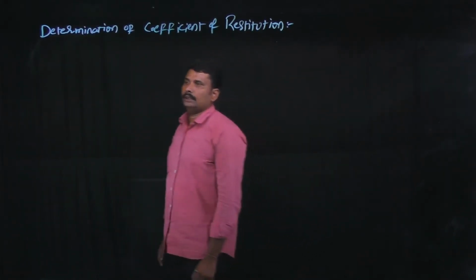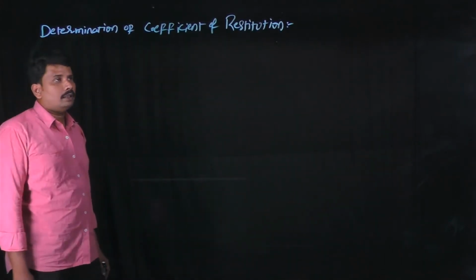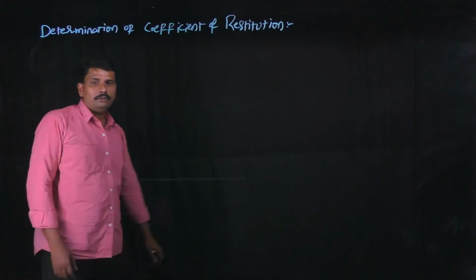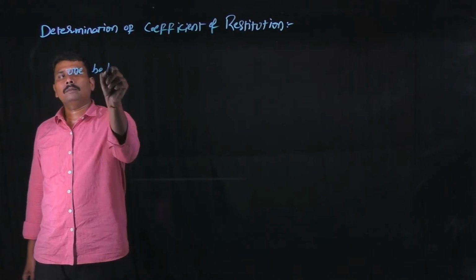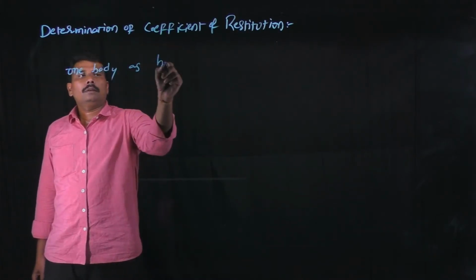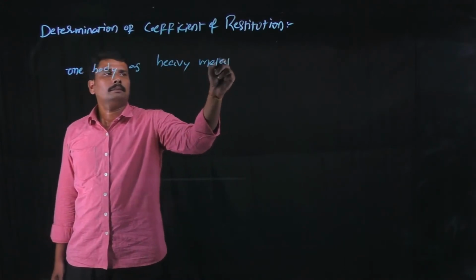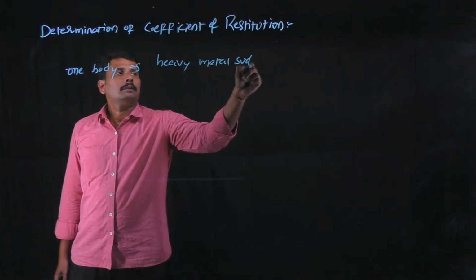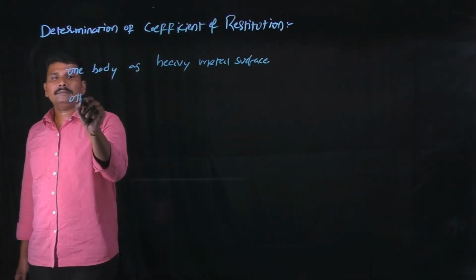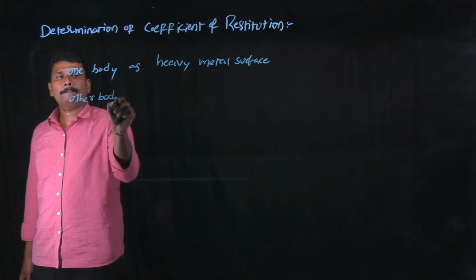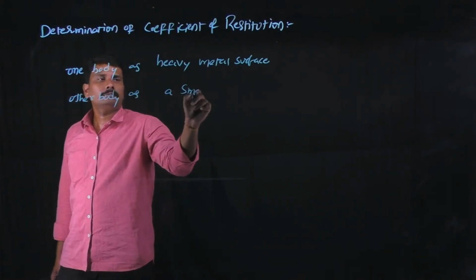Let us consider determining the coefficient of restitution between two bodies, in which one body has a heavy metal surface and the other body is a small sphere.